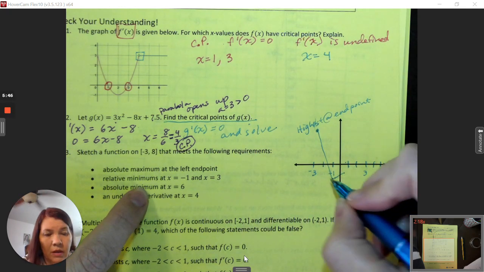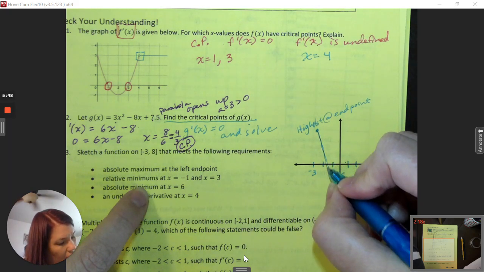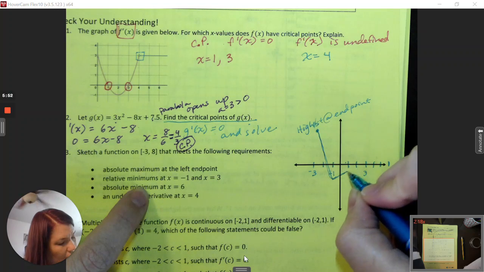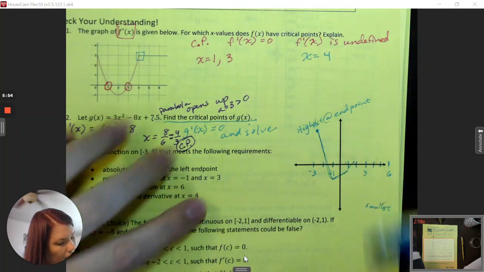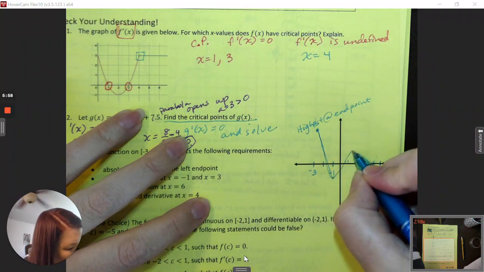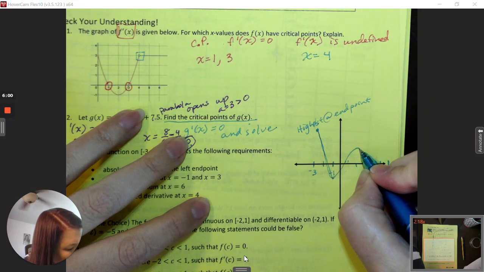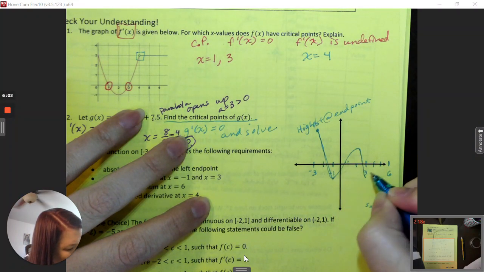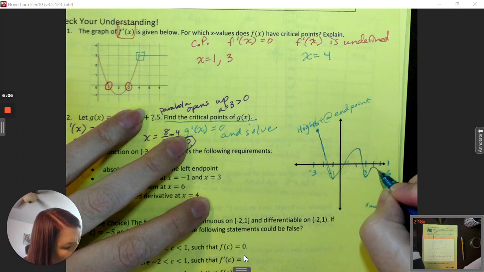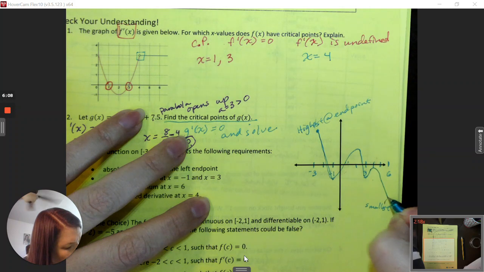And then it needs to have another relative minimum. Doesn't say what the max is. At 3, so we're going to go up and come back down, and then go up again, and then it needs to come down again so it can be the smallest here.